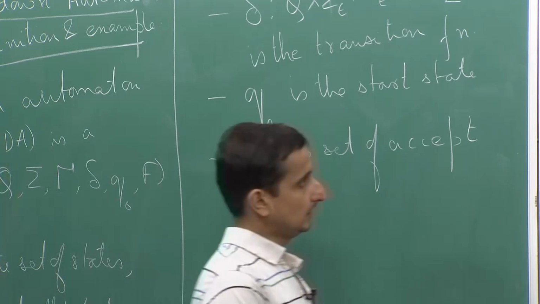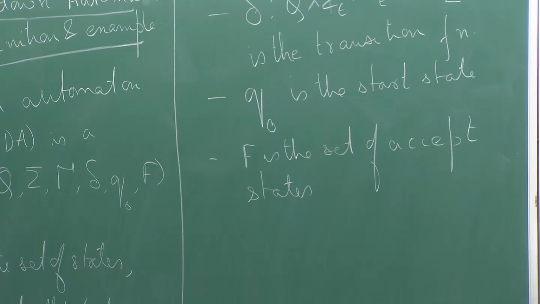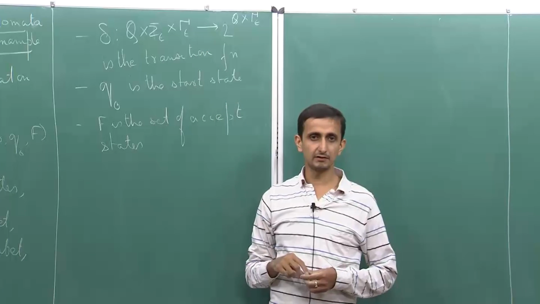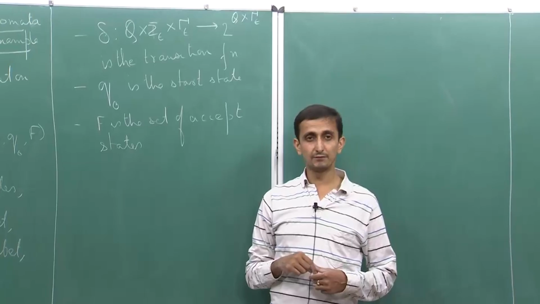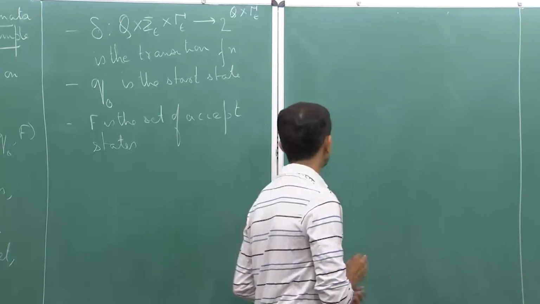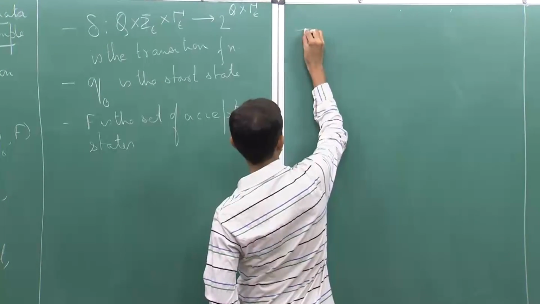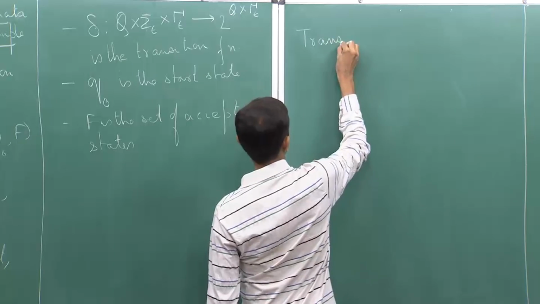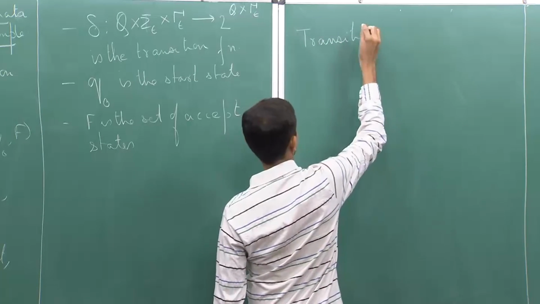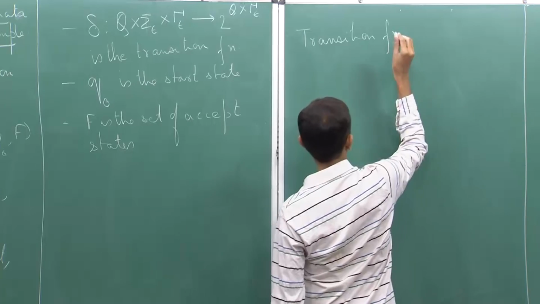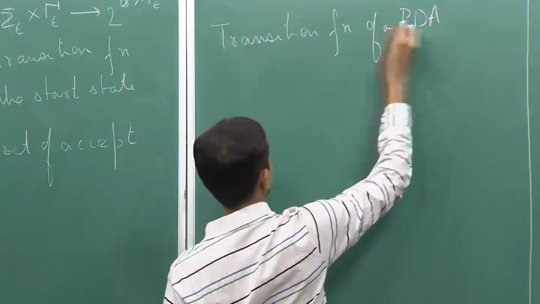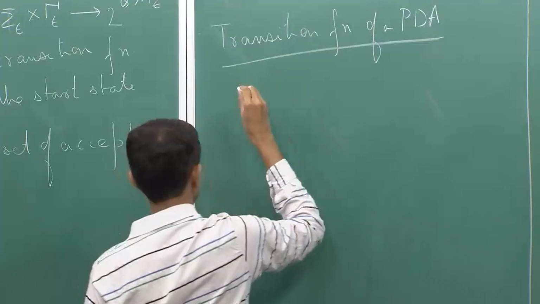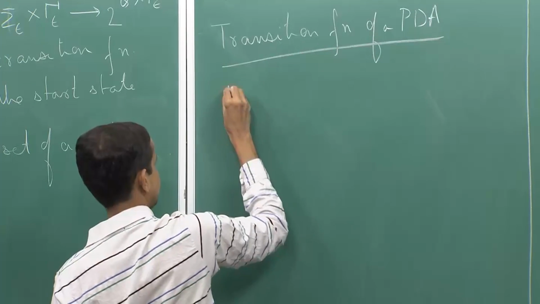Okay. So, let me talk a little bit about the transition function, because that is the thing which is different from that of an epsilon NFA. The transition function takes the following as input.